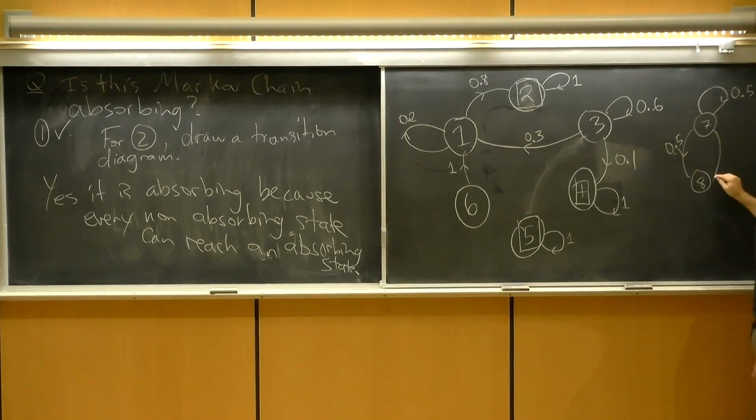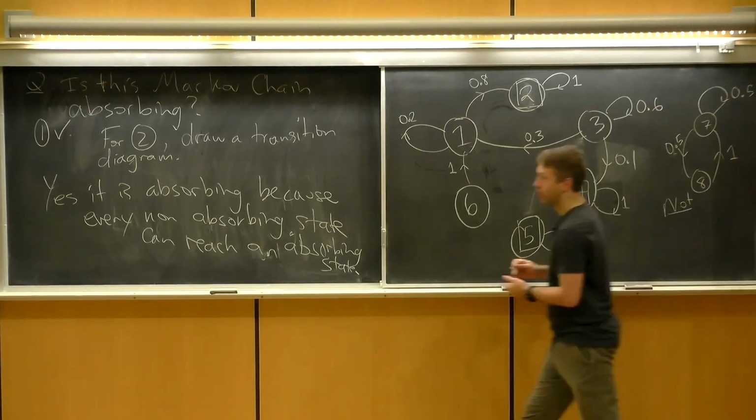If I added this to the picture, this would not be absorbing because state 8 cannot get to an absorbing state. It can't reach 4, 5, or 2. So this would now be not absorbing if I had something like this over here. Any other questions about that?